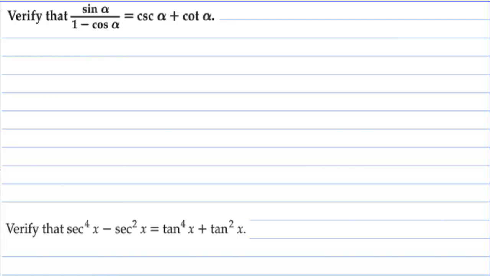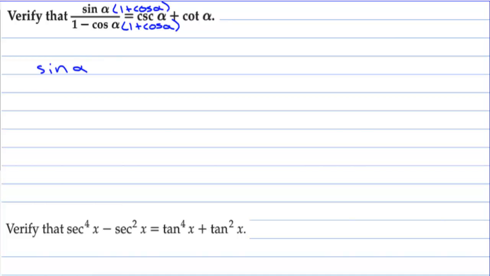It will, but how are we going to do that? Now, 1 minus cosine is not sine. Yeah, we got to multiply on the top and bottom. 1 plus cosine. We're going to use the conjugate. 1 plus cosine.